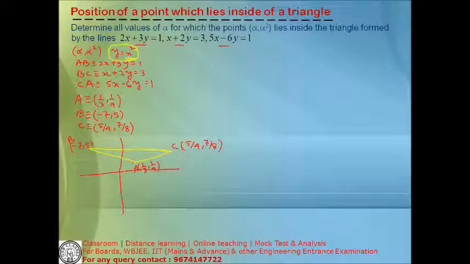So now let us first solve y is equals to x square and the side AB. That is, we want to find out the points where this parabola is intersecting the side AB. So I'm just solving, just check it out.